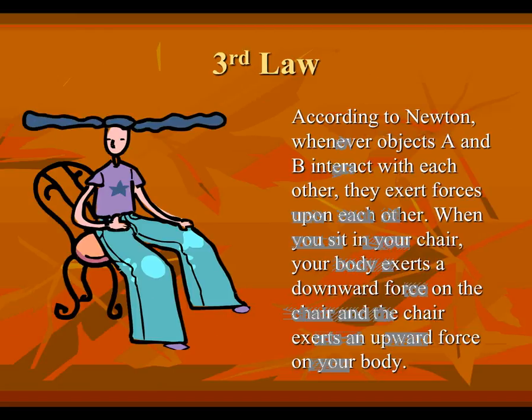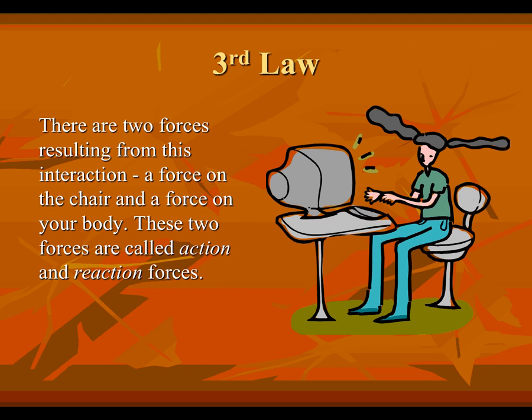So, according to Newton, whenever objects A and B interact with each other, they exert forces upon each other. So when you sit in a chair, your body will exert a downward force on the chair, and the chair will exert an upward force on you. This is, again, the idea of net force that we talked about yesterday. Since you are sitting in your chair, there are resulting forces, a resulting interaction.